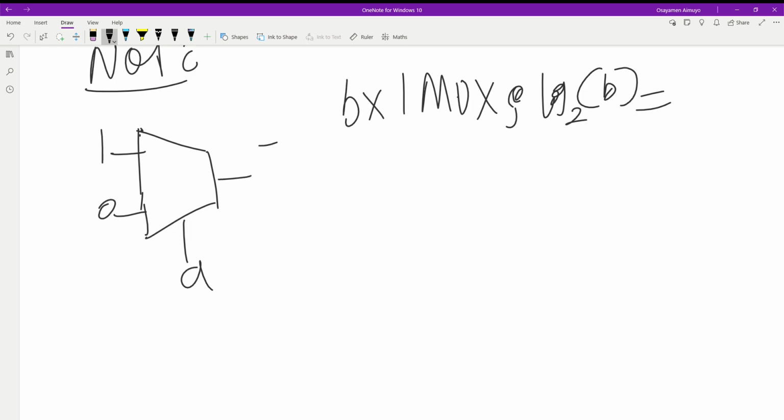Now, the equation for a 2 by 1 mux is something of the like. Let's just consider a general case first of all before we get ahead of ourselves.